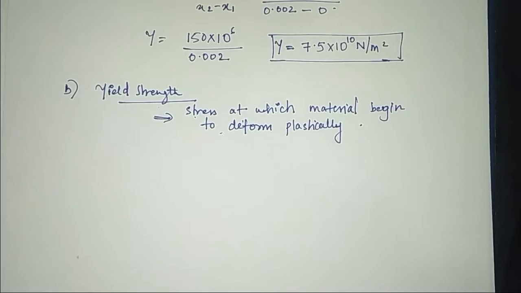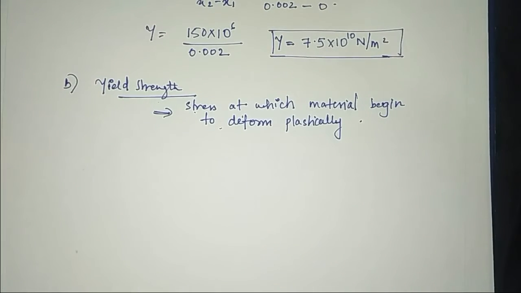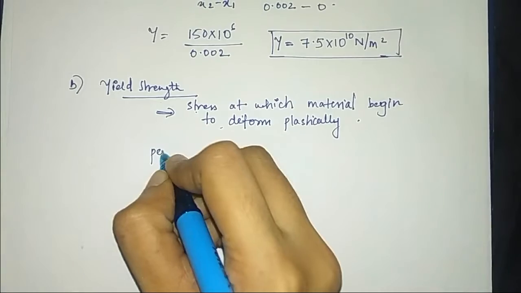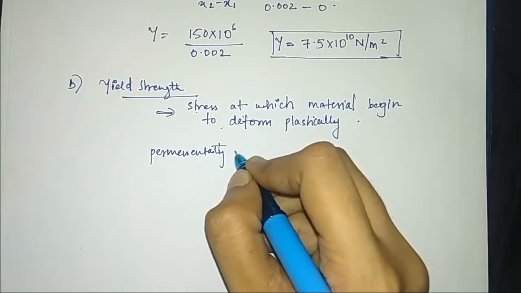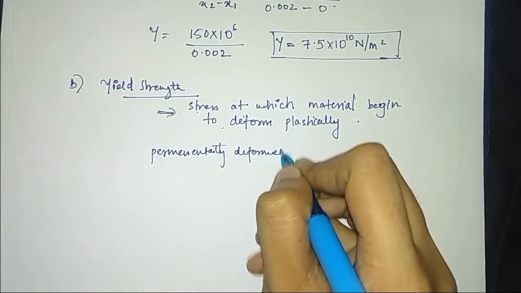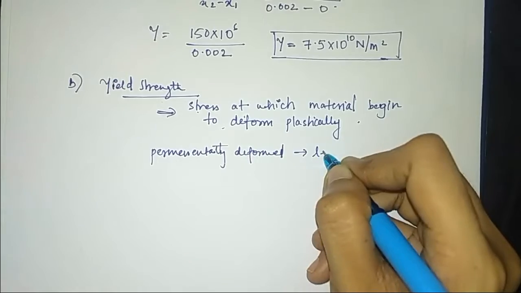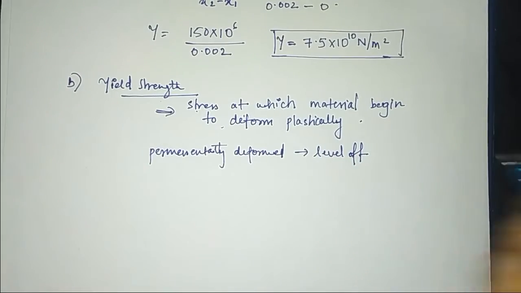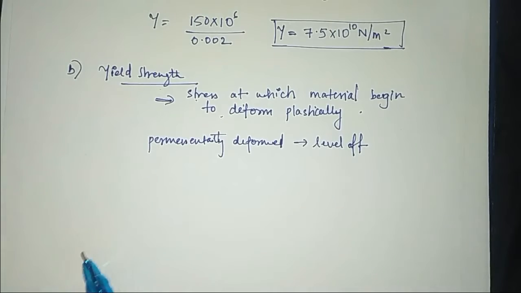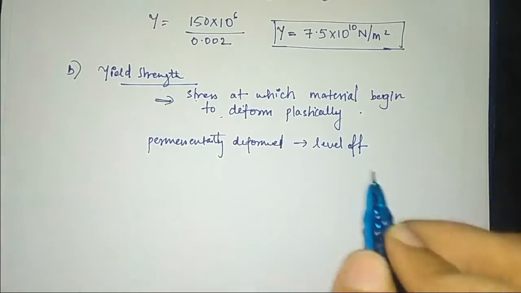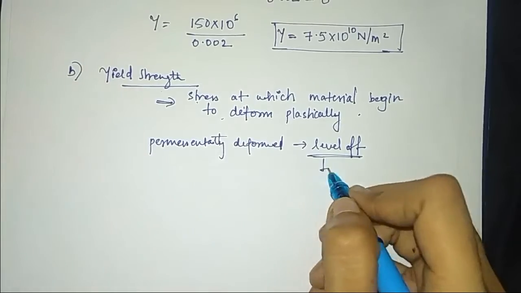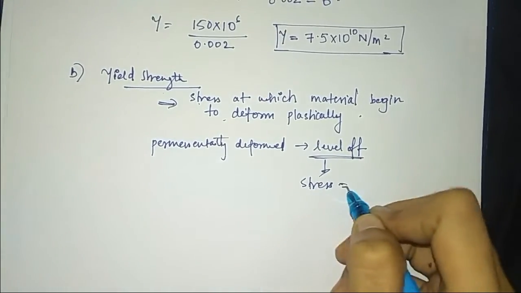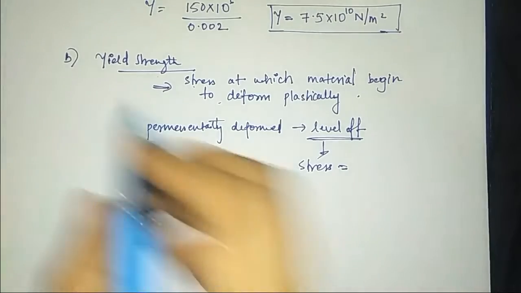The linear part is a straight line, which is elastic, but when the body gets permanently deformed, the graph levels off. You can see it doesn't show a linear pattern at that point, and the stress at that point of leveling off is called the yield strength.